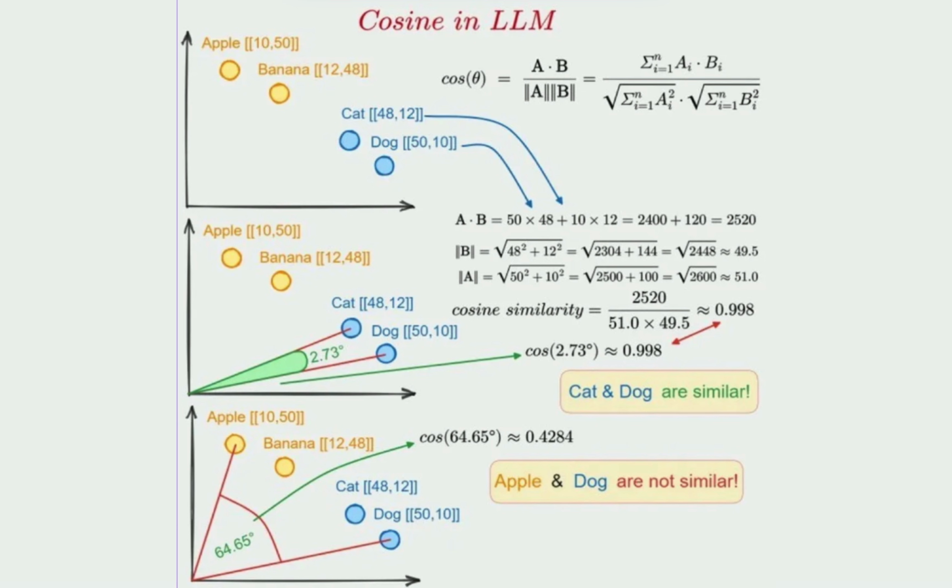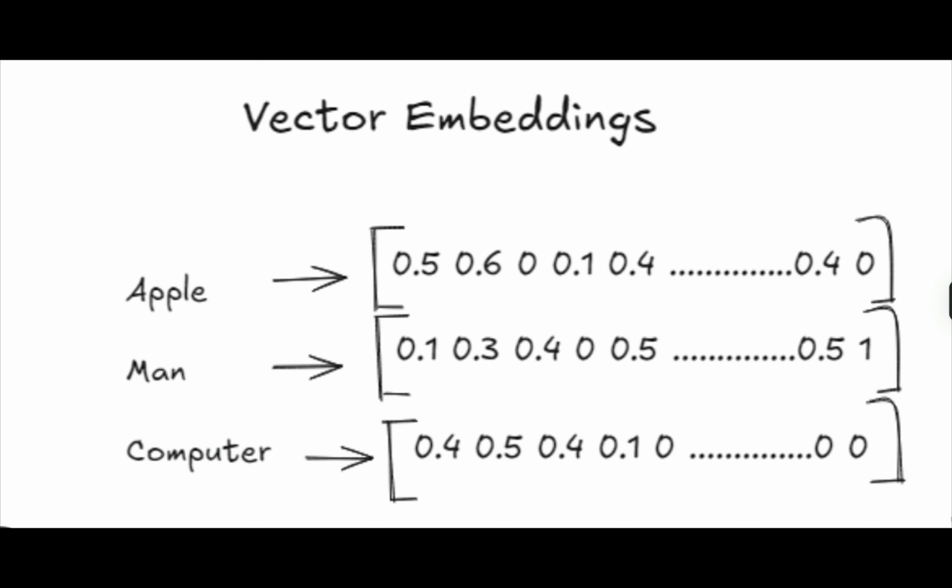Two, its length, which reflects how strong or confident that representation might be. Cosine similarity focuses only on the direction of vectors. It measures the angle between them. So even if two vectors are different lengths, if they point in the same direction, they represent similar meaning. In embeddings, that direction is what carries semantic information, which is exactly what we need when matching questions to answers.